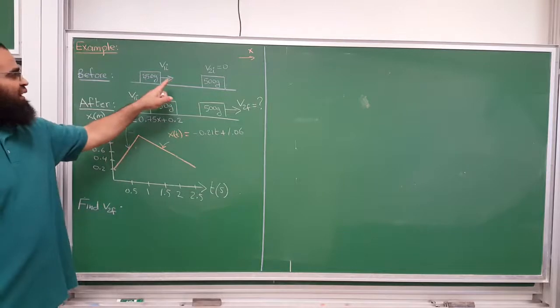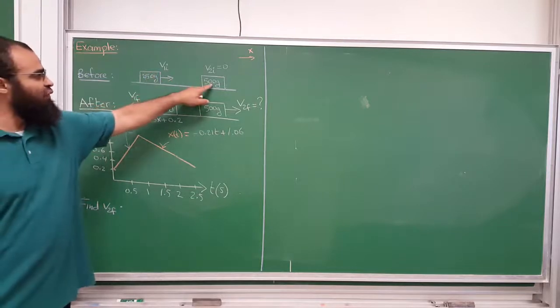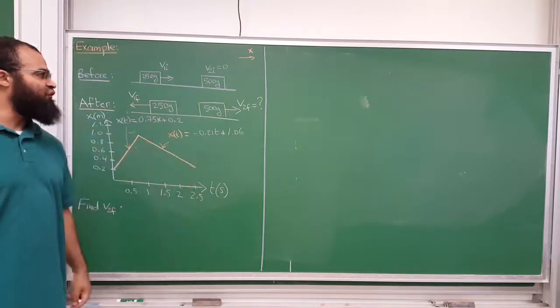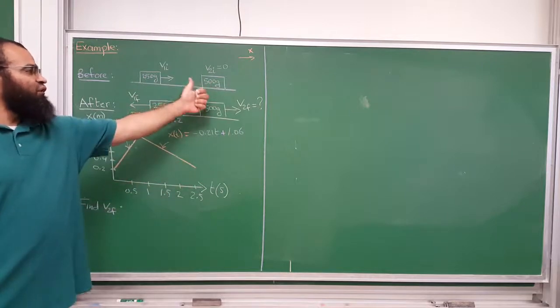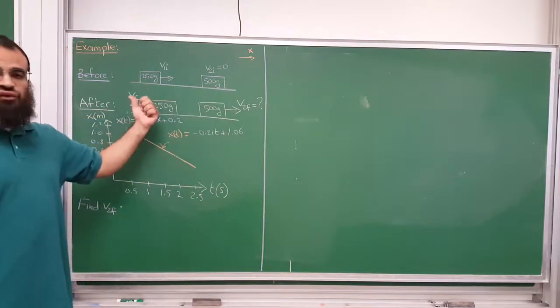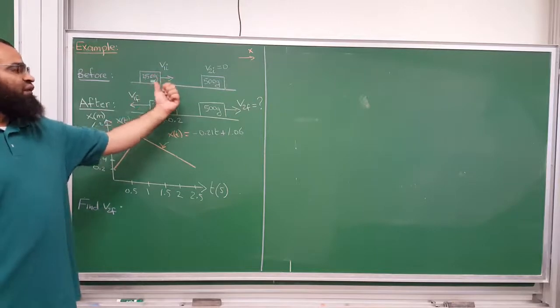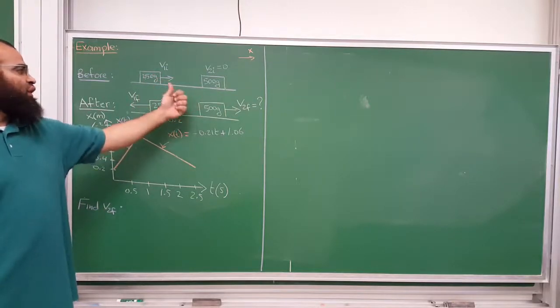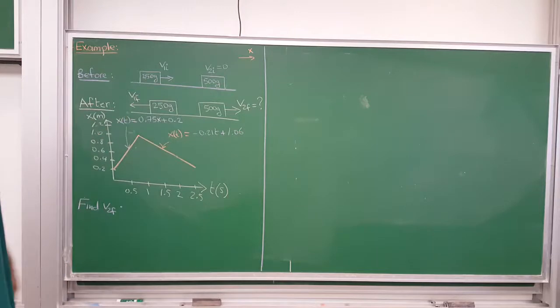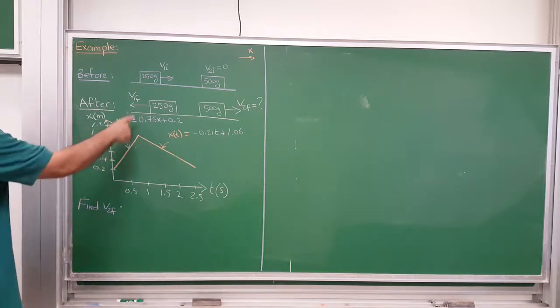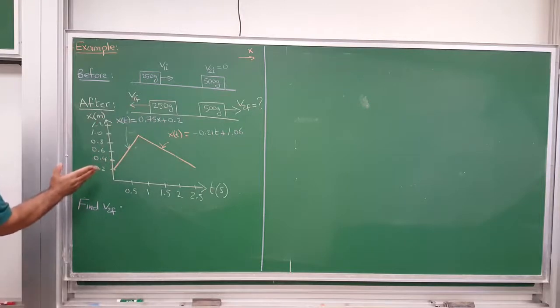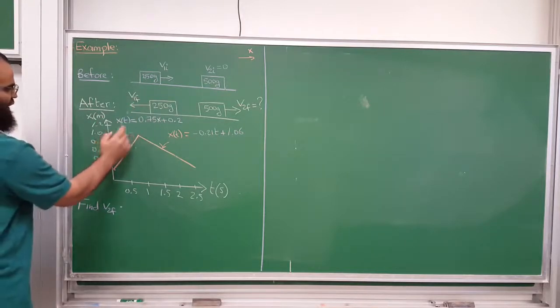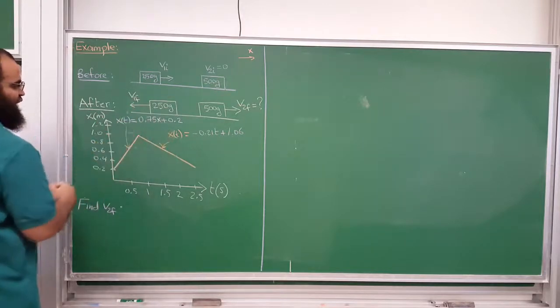Yes, when they collide, this object will apply a force on this object, and this object will start to move to the right. And this object in turn will apply a force back on this object due to Newton's third law. And this object will either slow down and keep moving this way or reverse direction and move the other way. Okay? And our goal is to figure out, we're given the data here for object 1. For this object, we're told that it was initially moving to the right, and this is its position versus time.